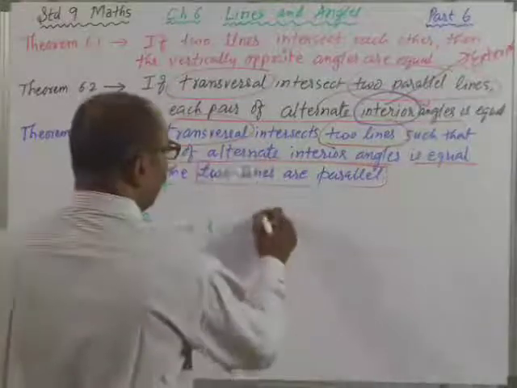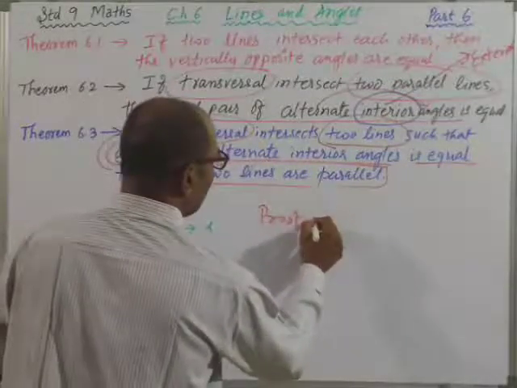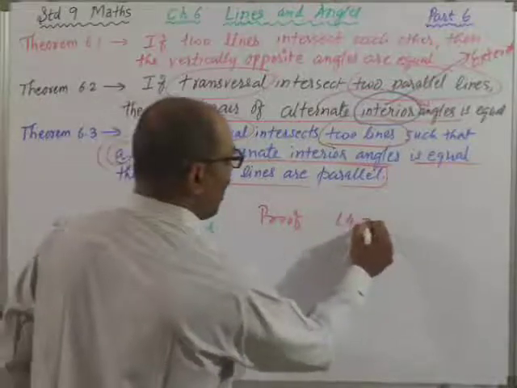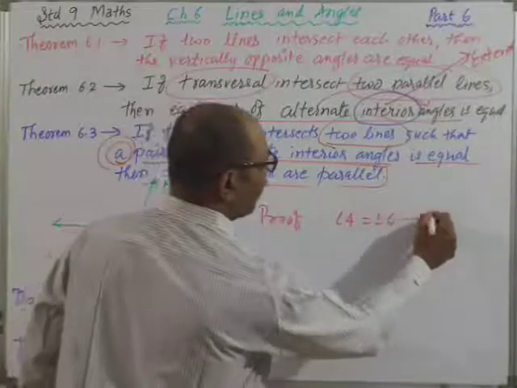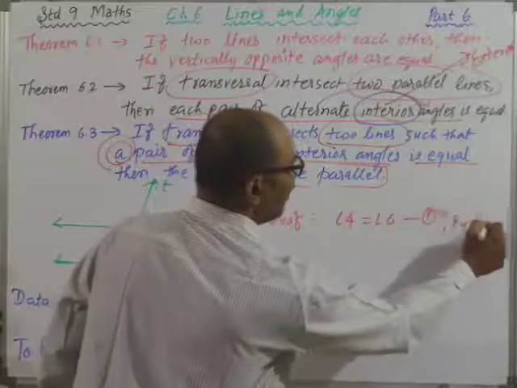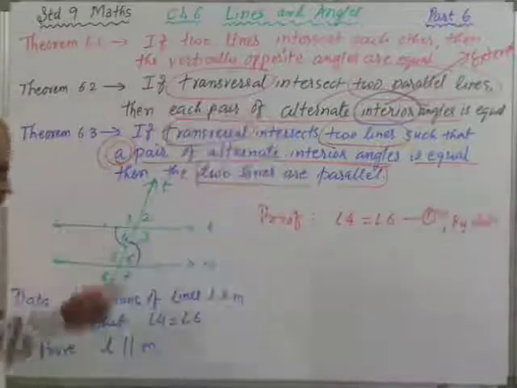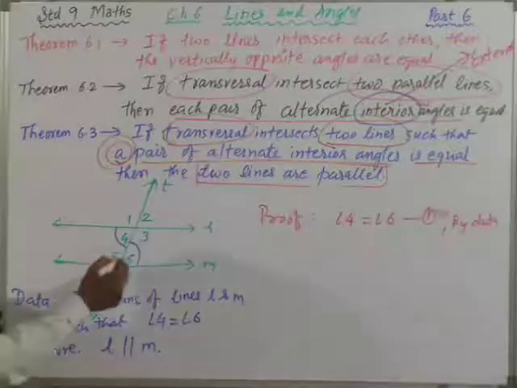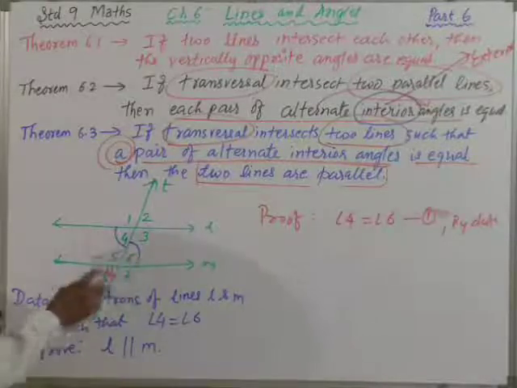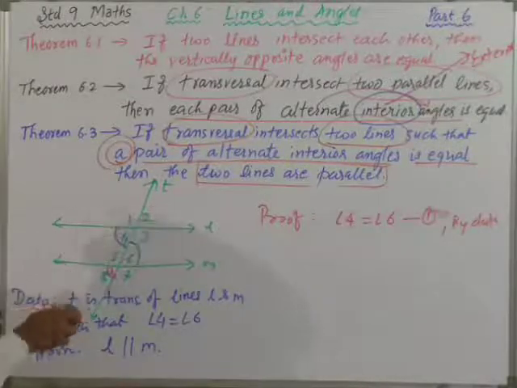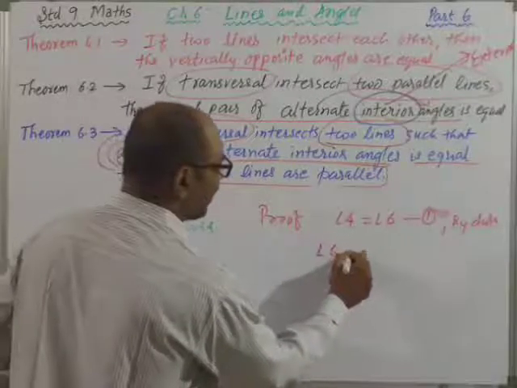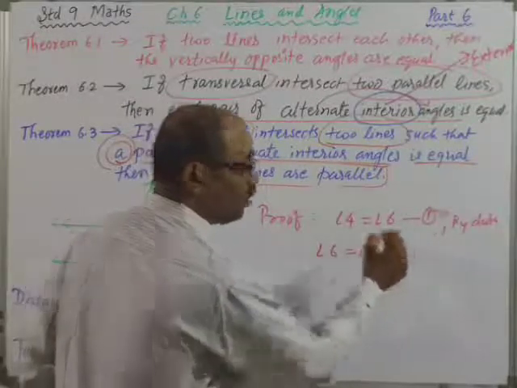See the proof. Angle 4 is equal to angle 6, result 1, by data. Then 6 is equal to 8, or you can take 4 equal to 2 as well, but I take this: angle 6 is equal to angle 8, result 2.